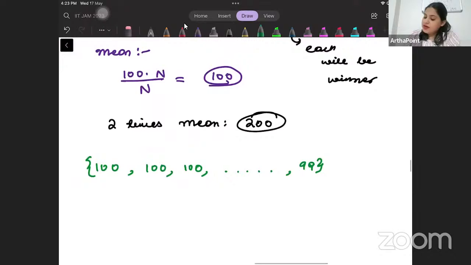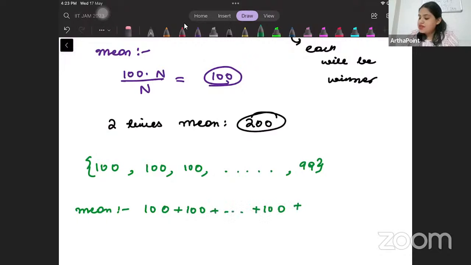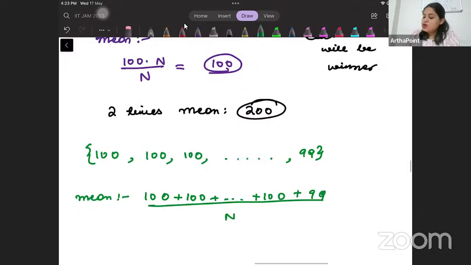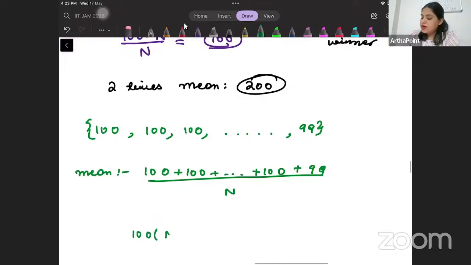So beta, when we find the mean, it will be 100 plus 100 and so on, plus 99 by n, as there are n players. So 100 will be coming n minus 1 times and plus 99 upon n. This will be your mean value.